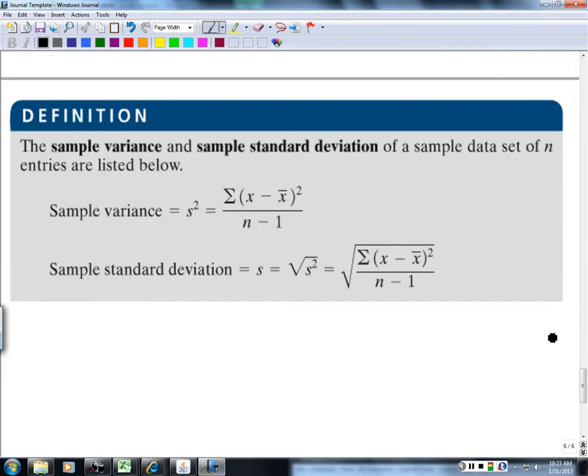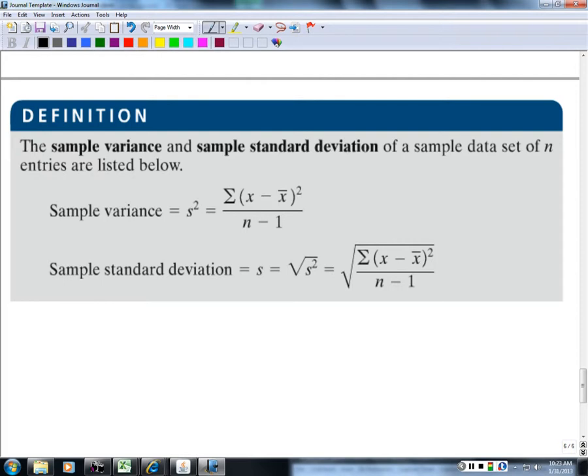You'll notice that in this one, instead of using the lowercase Greek letter sigma, we're using S to represent sample standard deviation, and S squared to represent sample variance. What's the main difference between the two formulas?